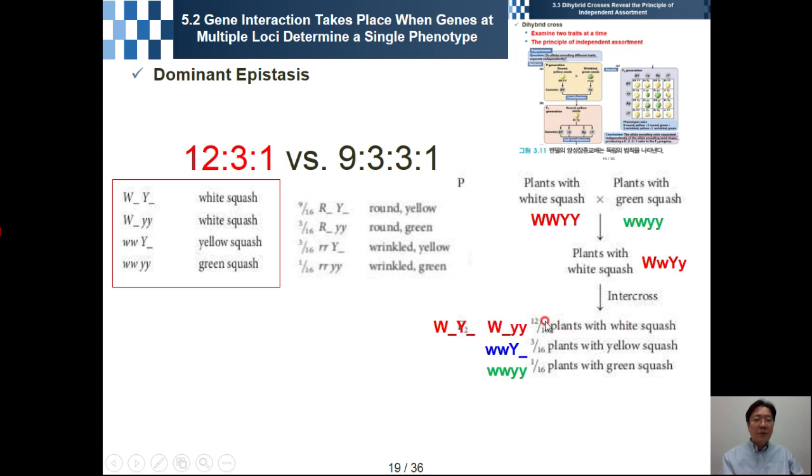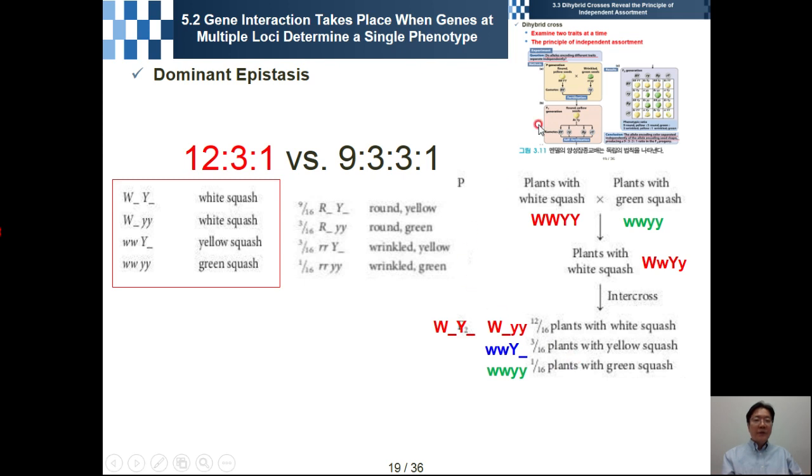So the phenotype ratio is 9 plus 3, which is 12. How about small w, large Y? This makes yellow squash. How about small ww, small yy? This makes green squash. So the ratio will be 12, 3, 1.